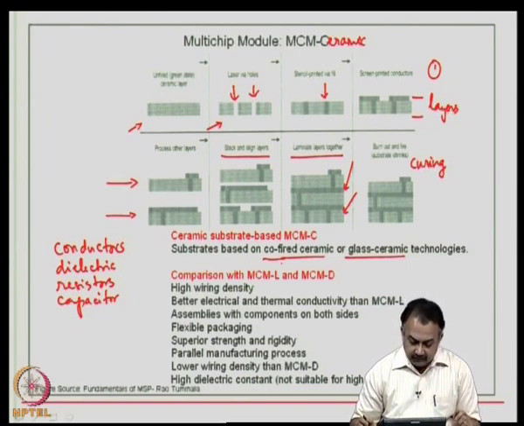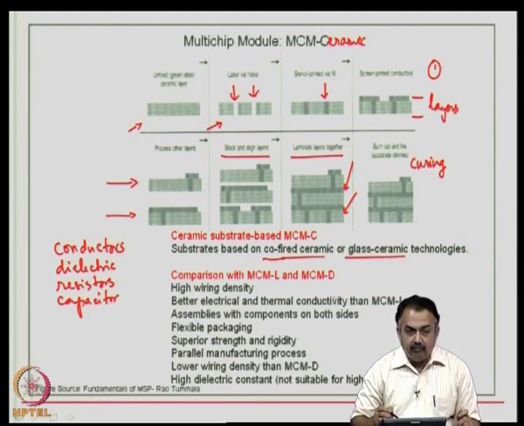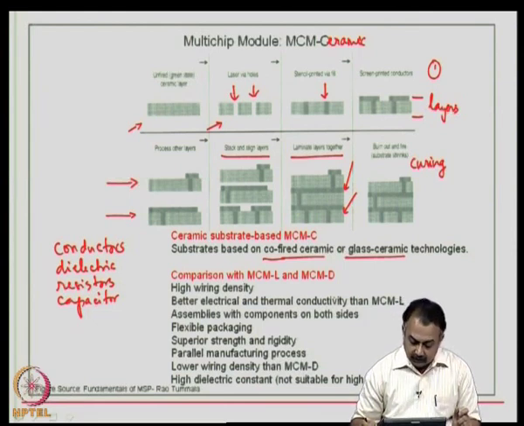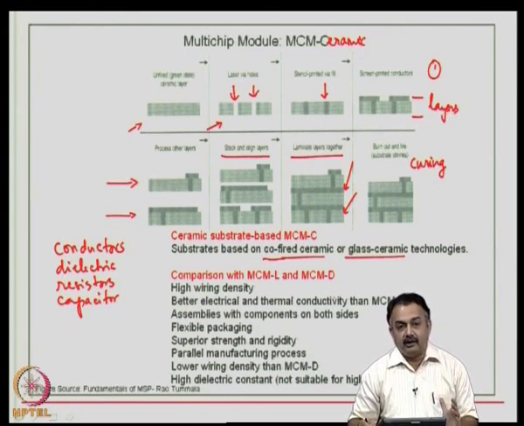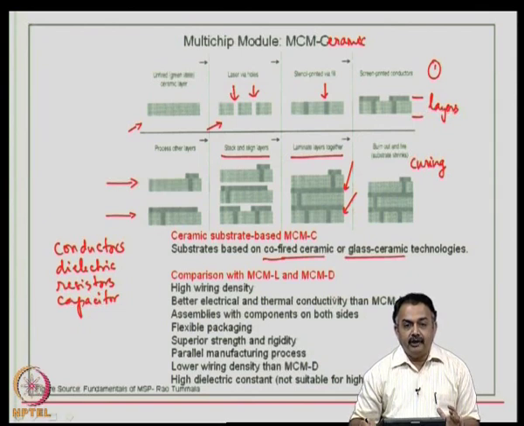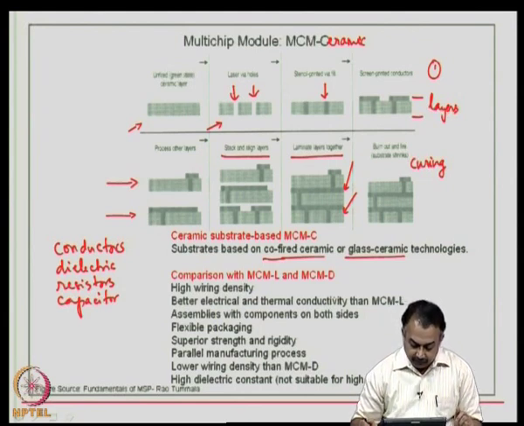So, compared with MCML and MCMD, you will get a high wiring density, and better electrical and thermal conductivity because of the ceramic substrate compared to organic. Assembly with components on both sides is possible. Flexible packaging, because you can decide the lamination structure and the build-up. Superior strength and rigidity because of the ceramic substrate.